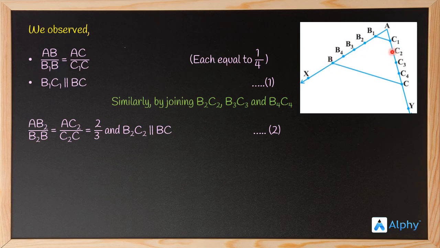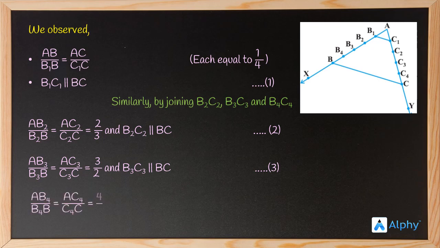Similarly, between C2 and C we have 2 points C3 and C4, and they have divided C2C into 3 equal parts. So we can say it is 2 by 3. And we also noted that B2C2 is parallel to BC. Now similarly, by joining the points B3C3 and B4C4, we will obtain our following results.